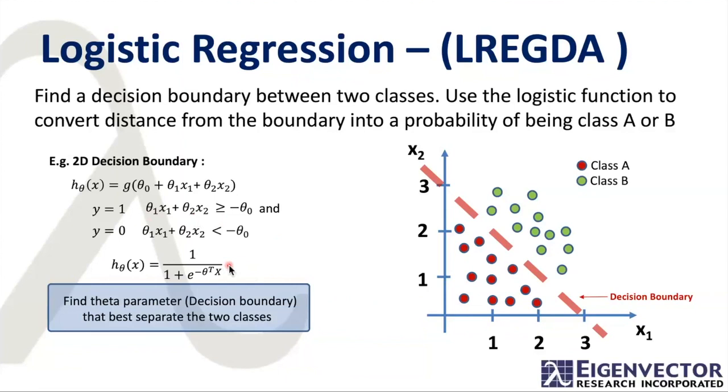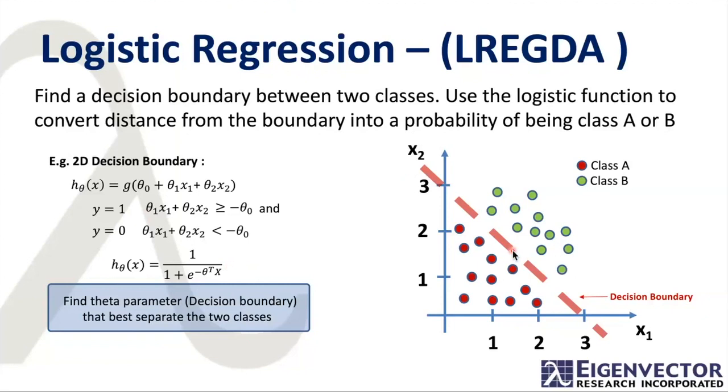Then the logistic function is applied to that as described there, where you have the cursor showing how that's converted into a probability. So right on the line where theta dot x is equal to 0, e to the 0 is 1, so h of x becomes 1 over 2. So the probability of being class A is 0.5.